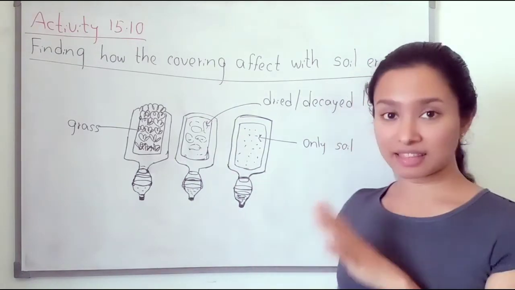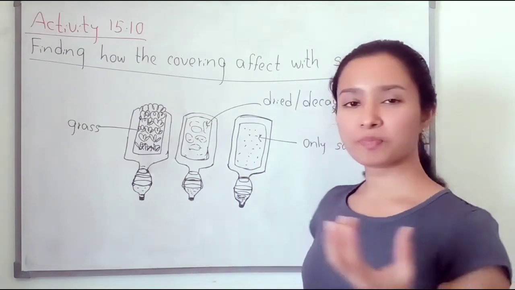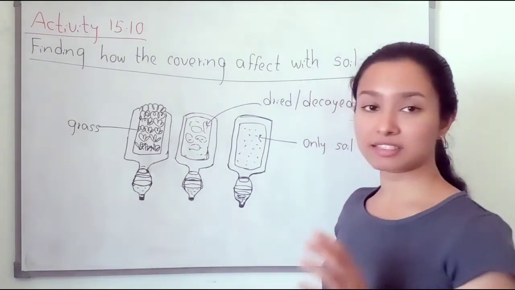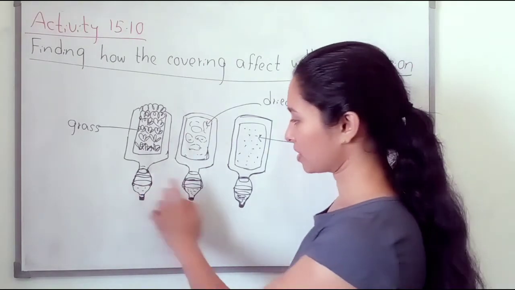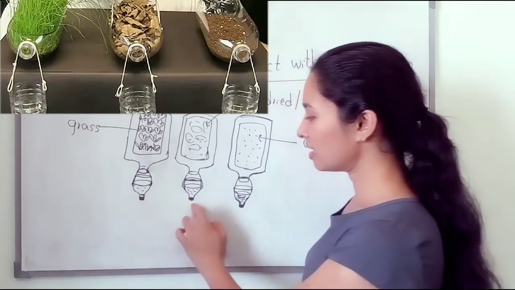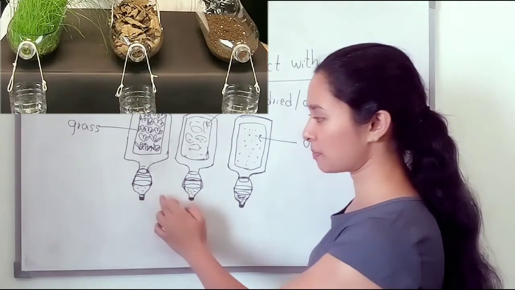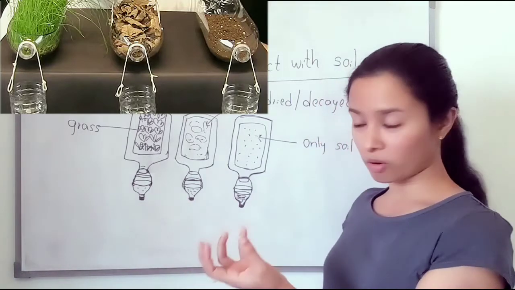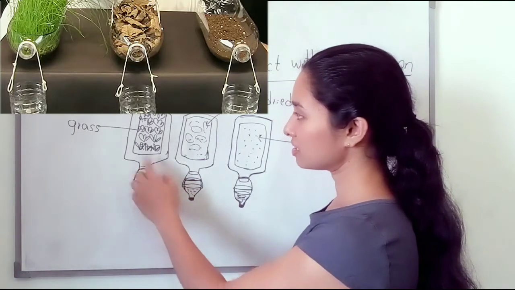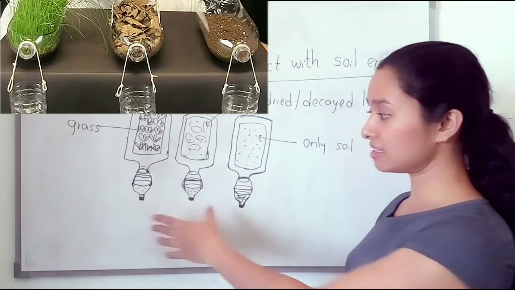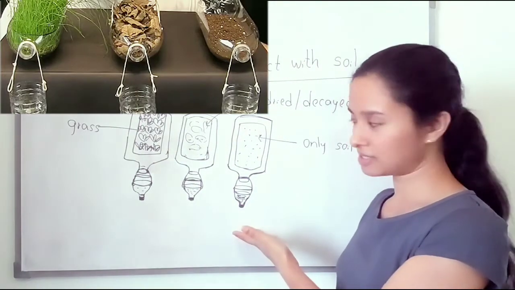Then we have to take small plastic bottles and cut them, and take this part with the lid. We have to hang these small bottles on the large bottles, as in the figure.